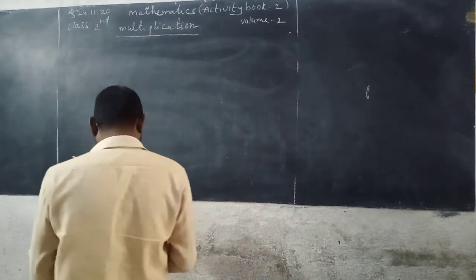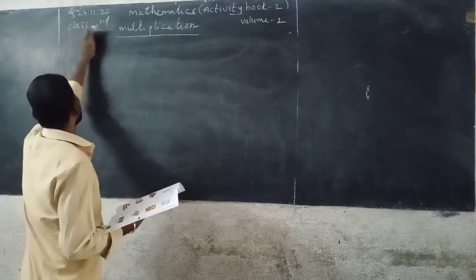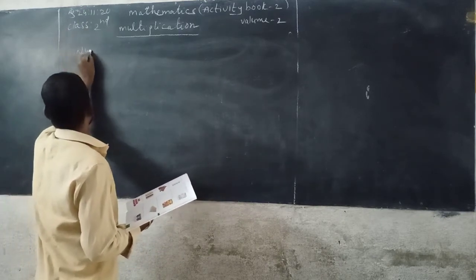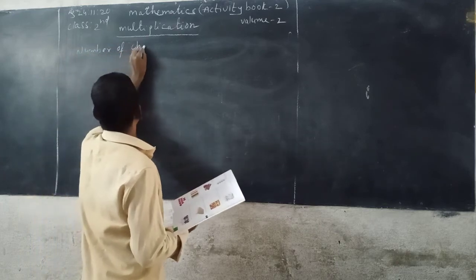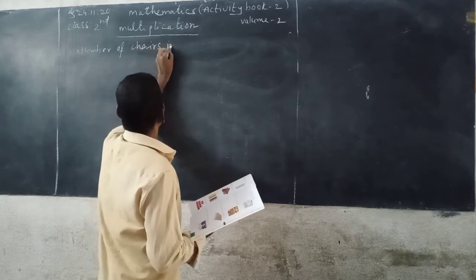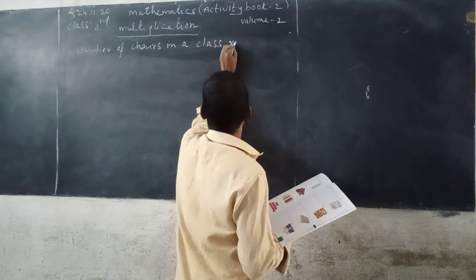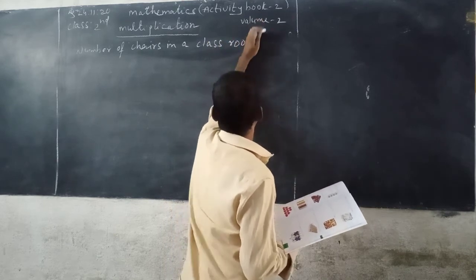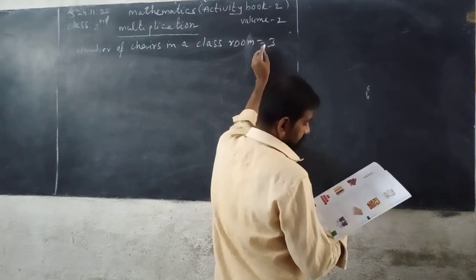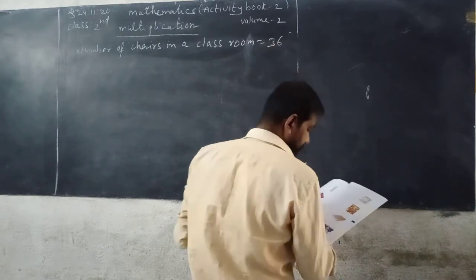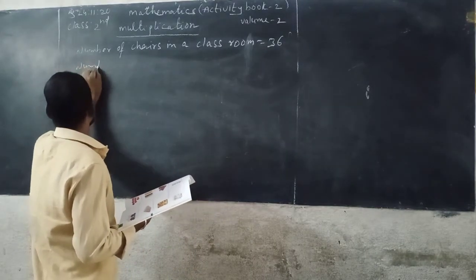See here, number of chairs in a classroom is 36. Number of classrooms, how many, beta? 8.